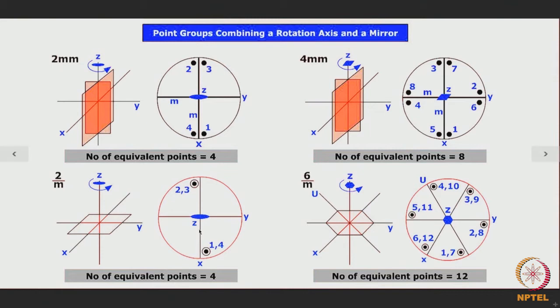In a similar manner, if we talk about the point group denoted by 6 by m, here we have a 6-fold rotor along the z axis and a mirror perpendicular to that, as is possible in a hexagonal system.